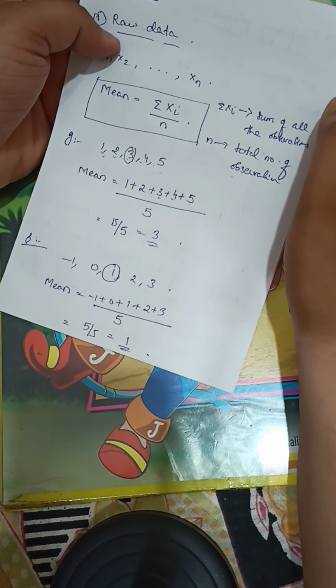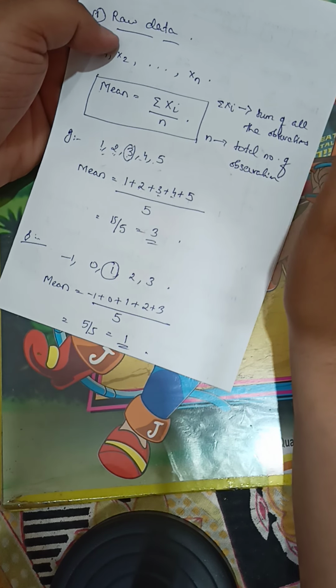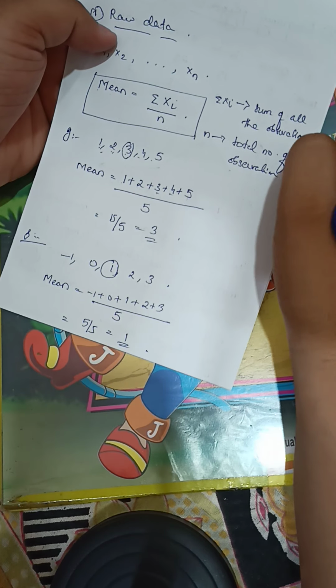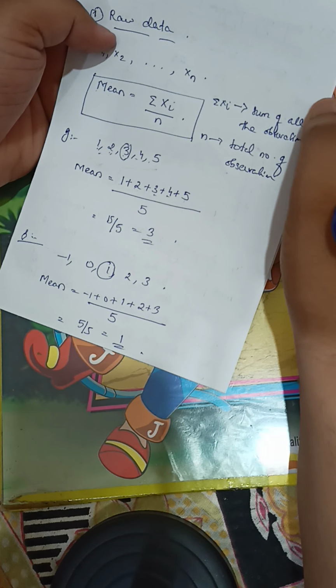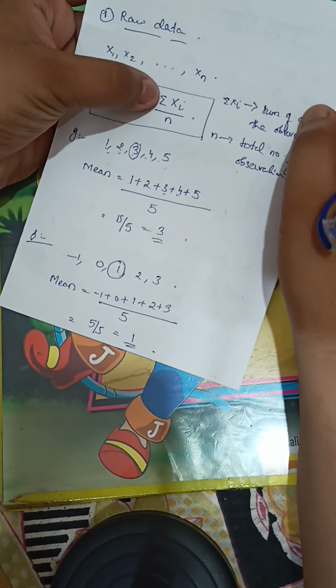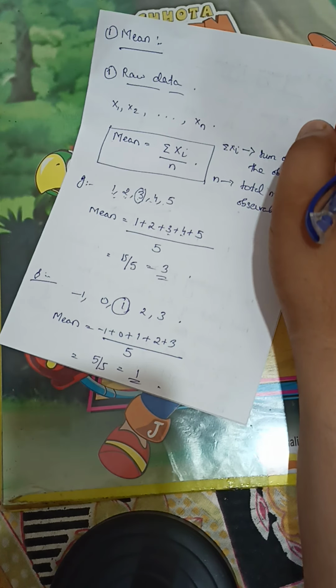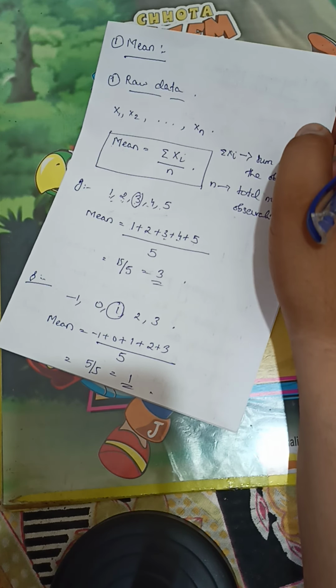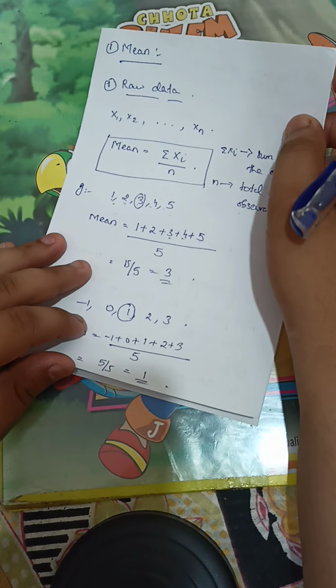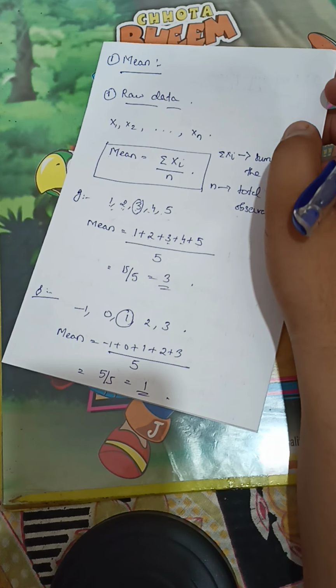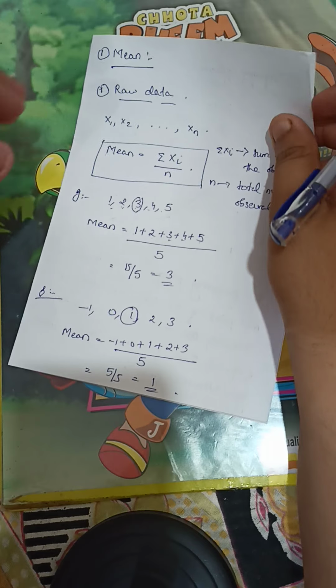I think the idea is clear: the mean is the sum of all the observations by the total number of observations, that is summation xi by n. The idea of mean is very clear to you in the case of raw data.